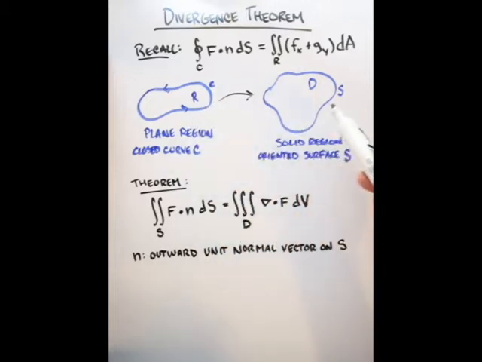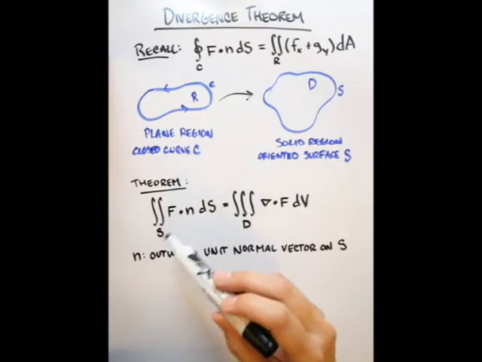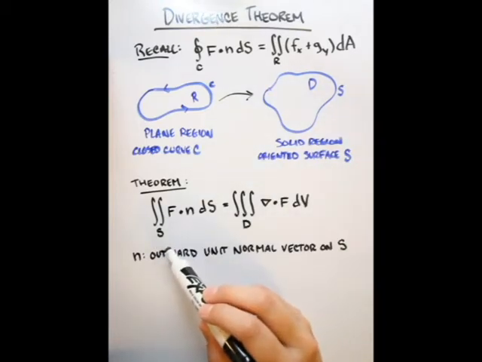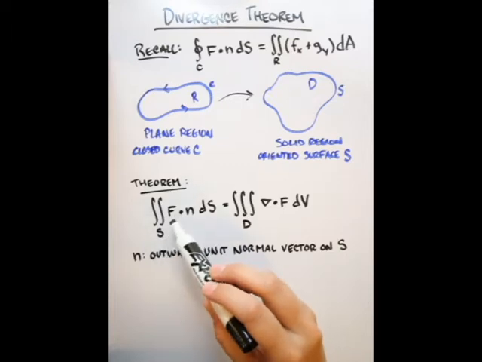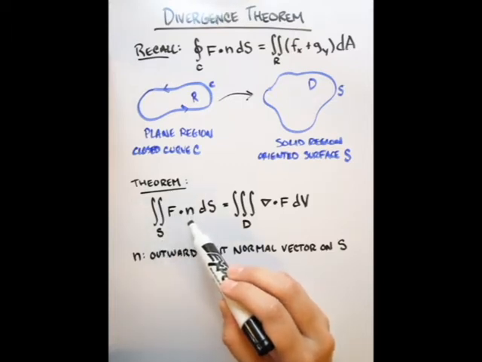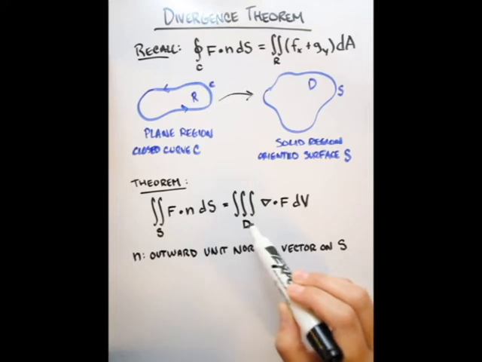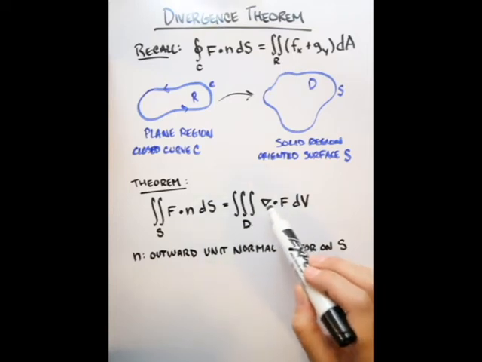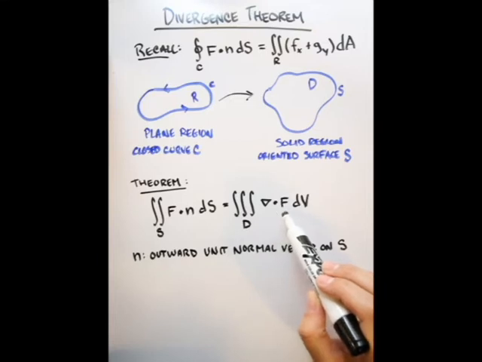Now this is going to extend using the divergence theorem into a solid region that we're going to call D, and it's being enclosed by a surface, an oriented surface S. So our theorem says we take the double integral over our surface S of our vector field dotted with the normal vector, and that's equivalent to the triple integral over our solid region D of the del operator dotted with our vector field.